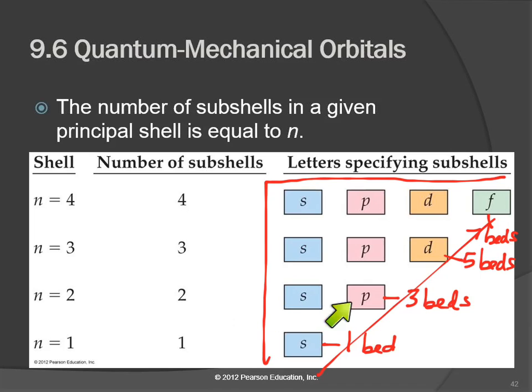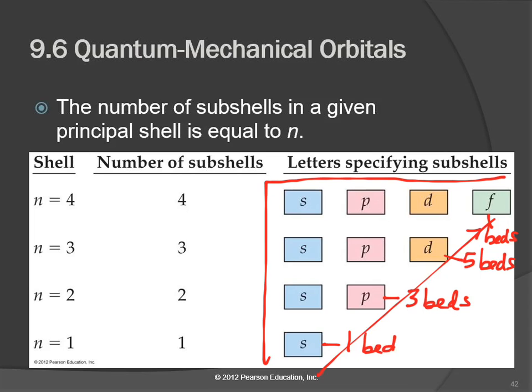N equals 2, the second floor in the hotel, is more energy. And 3 is more, and 4 is more, and 5, and it just goes up. Does that make sense? So you're paying more money to stay on a higher floor of the hotel, and if you need a reason, it's because you have a better view. And as we go up, there are more and more rooms.